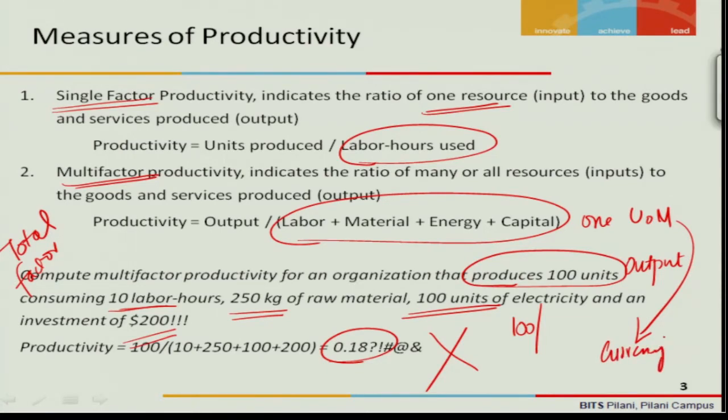So convert this 10 hours of labor into a currency value based on the per hour labor rate for that country or for that organization. 250 kg of raw material converted into a local currency, 100 units of electricity again converted into a local currency, and this $200 is already a local currency. All put together, if you calculate, then you will get the multi-factor productivity.